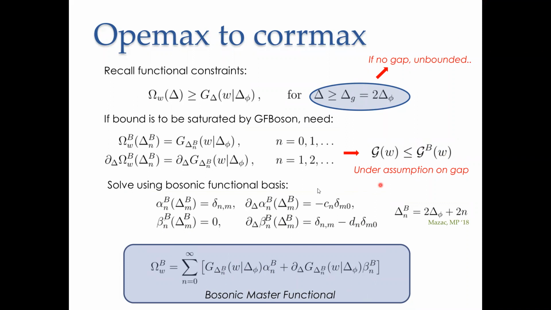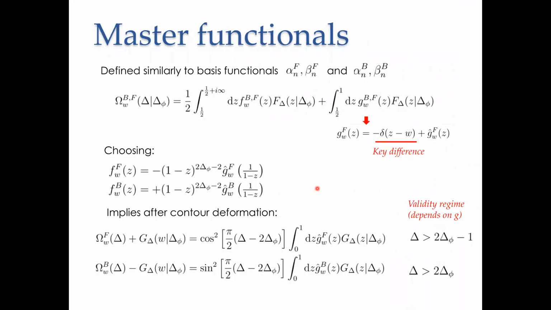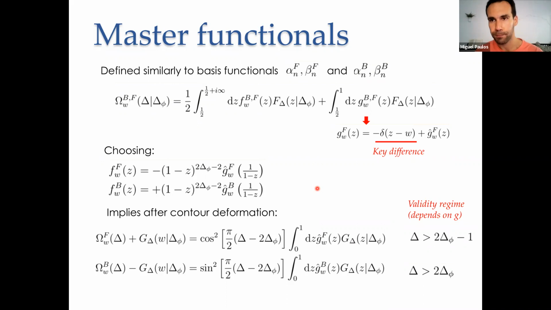Now regarding Slava's question, how do we know that this is a good functional? One way to show that it's a good functional is to construct it independently of the basis. So let us construct a functional that satisfies these necessary conditions, but where we make no reference to this basis. To do this, we write this functional in the usual ansatz, for people who are familiar with this functional story.